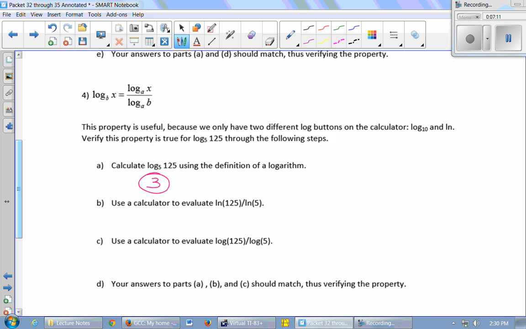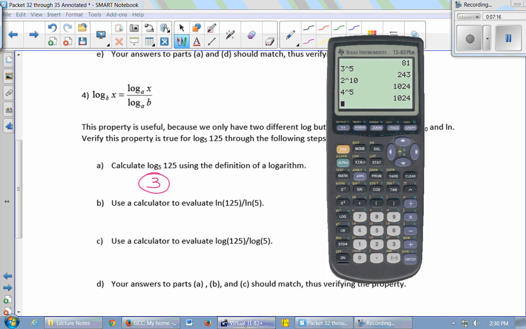But if I wanted to use a calculator to evaluate log base 5 of 125, I can't type it in directly, but I can use the change of base formula to change it to base e, right? So I can take the ln of 125 divided by the ln of 5, and I get 3.